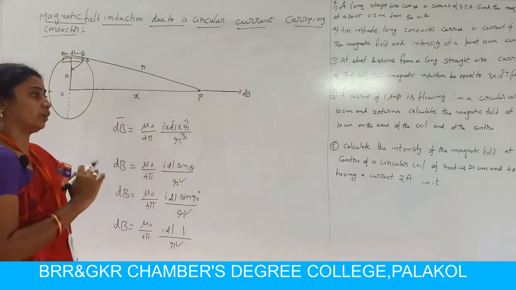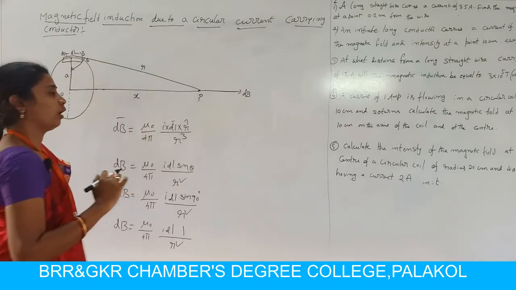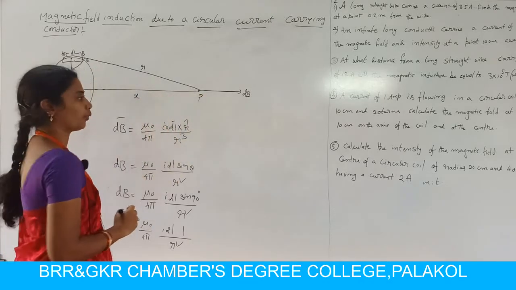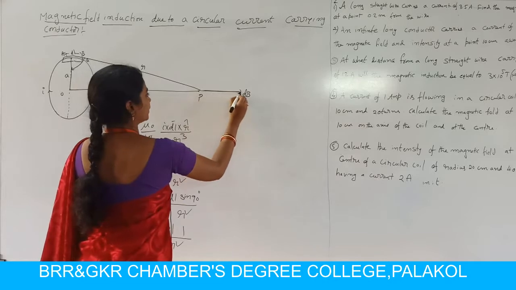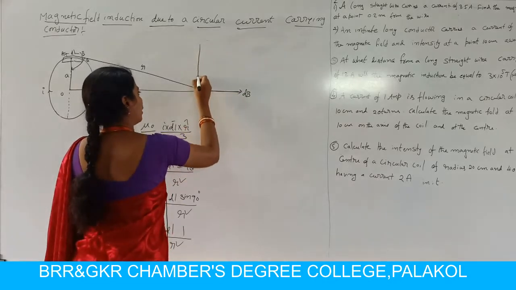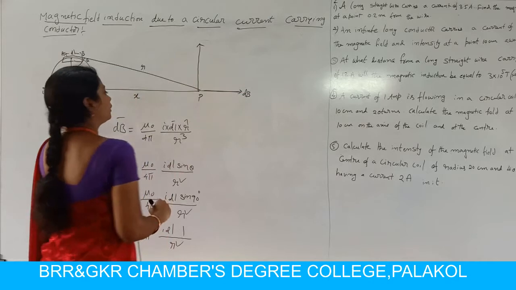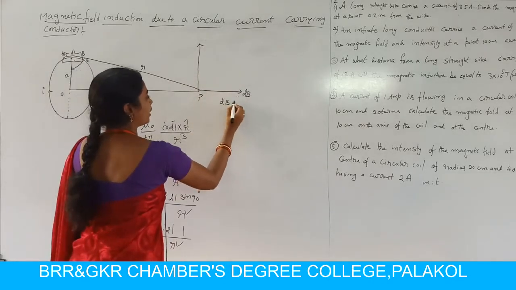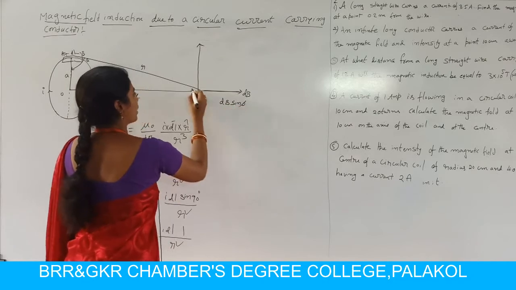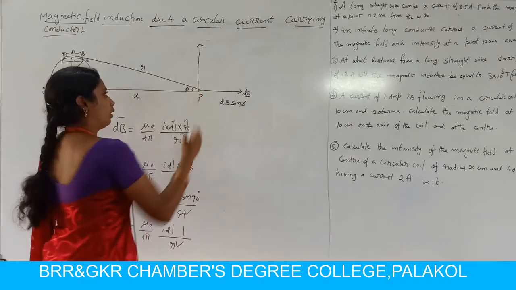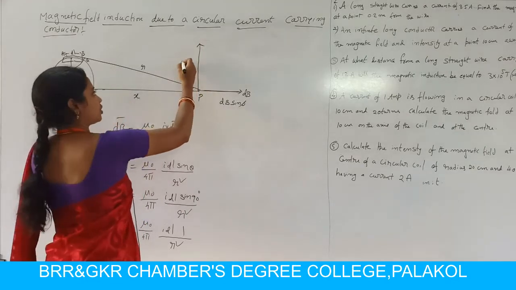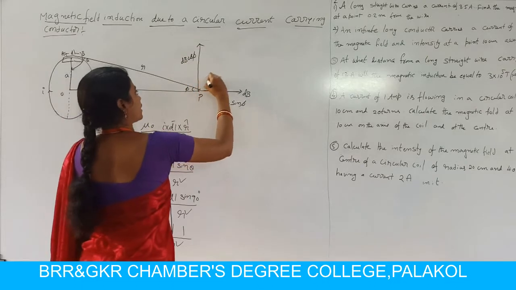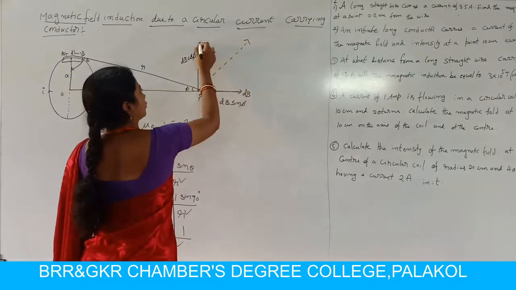Here the magnetic field, which is acting along the axis, is resolved into two components, one along the axis and another perpendicular to the axis. The component along the axis of dB is dB sin phi, where phi is the angle made by dB with the direction of the field, and perpendicular to the axis it is dB cos phi.